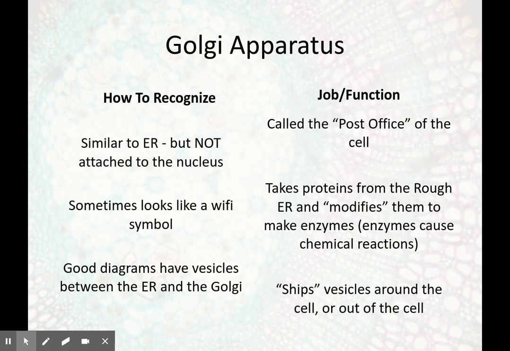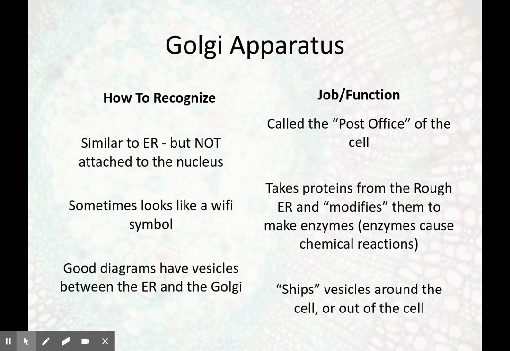The good diagrams are going to have something called vesicles that are transporting materials between the endoplasmic reticulum and the Golgi apparatus. The Golgi apparatus is called the post office of the cell. Its job is to receive something, mark it for shipment, and then wrap it up and package it, and then ship it off someplace.